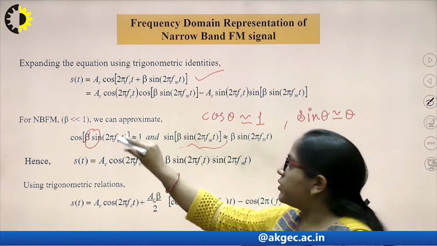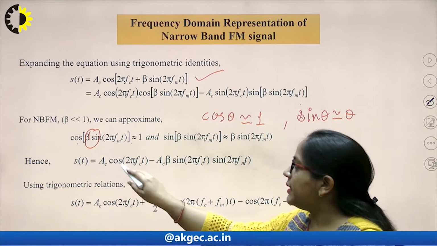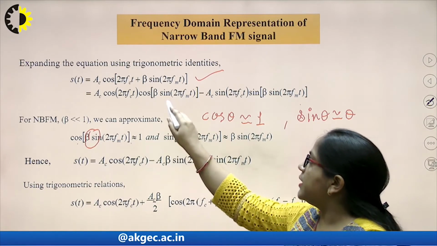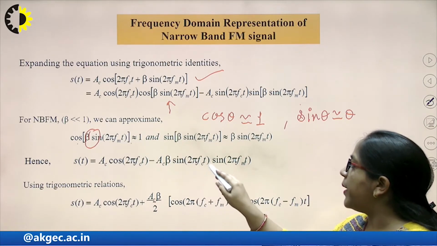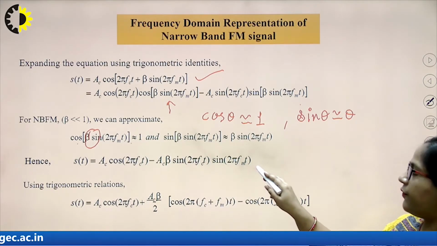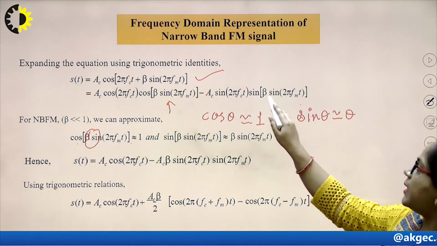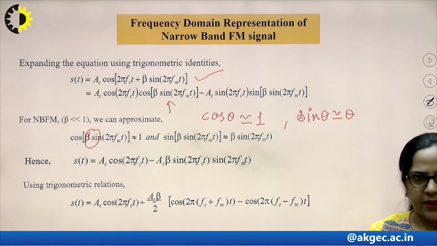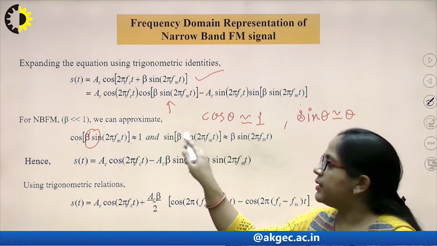So we can approximate the expression as Ac cos 2 pi fc t, where we have approximated the cosine term as 1, minus Ac beta sin 2 pi fc t sin 2 pi fm t, where we have approximated sin(beta sin 2 pi fm t) as beta sin 2 pi fm t. We will get this expression after using this condition.